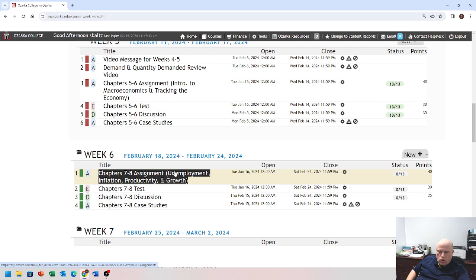All right, and then Chapter 8 deals with productivity and growth. So in Chapter 8, we're going to look at the production possibilities frontier in much more detail. We already talked about the production possibilities frontier in an early chapter. I believe it was Chapter 2. But in this Chapter 8, we're going to take it a lot further and look at exactly what is going on on the production possibilities frontier.